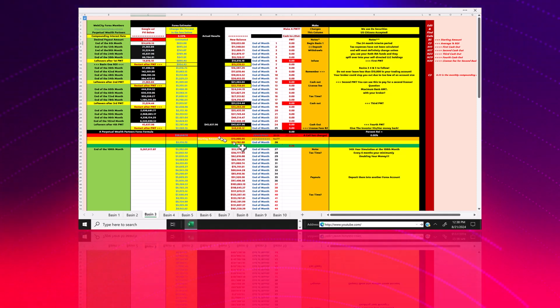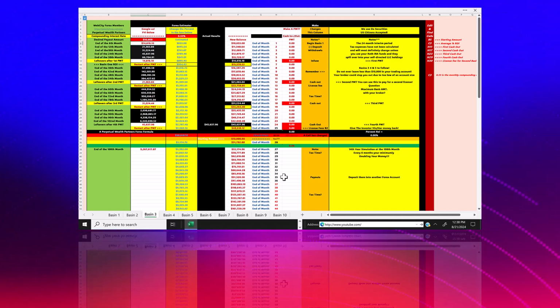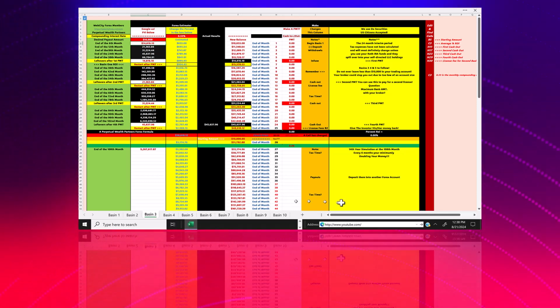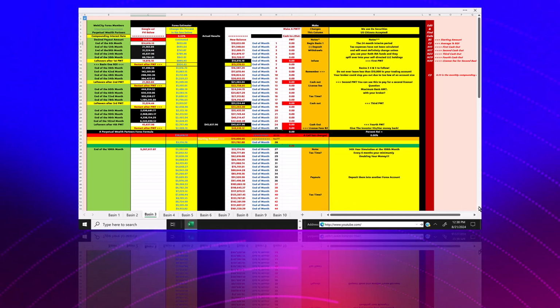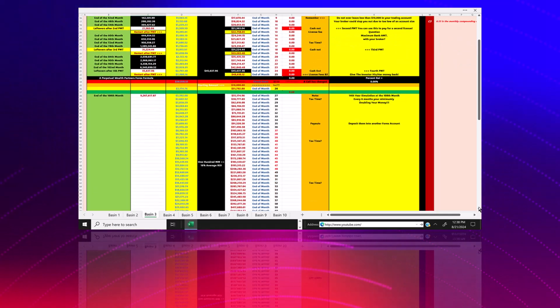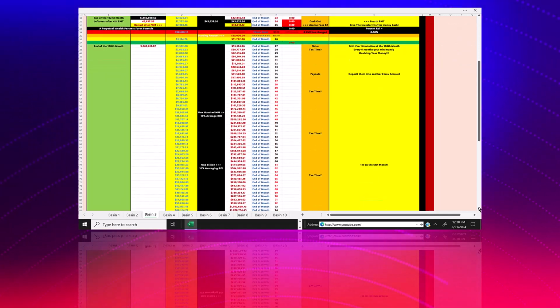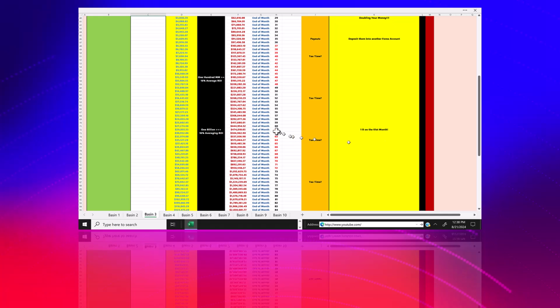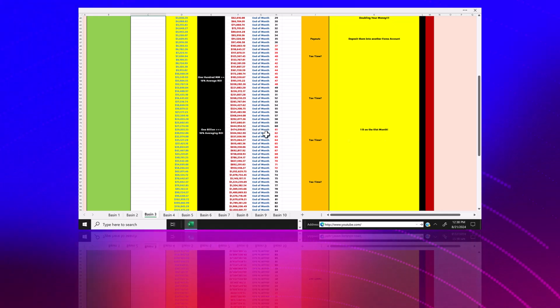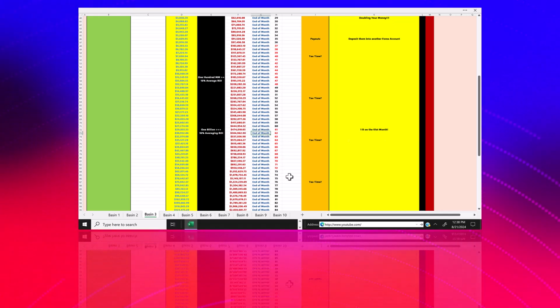All right, and let's just say we had 3, and we went all the way up to $500,000 in each account before we started spilling over into the next basin, which is right here at the end of the 62nd month.